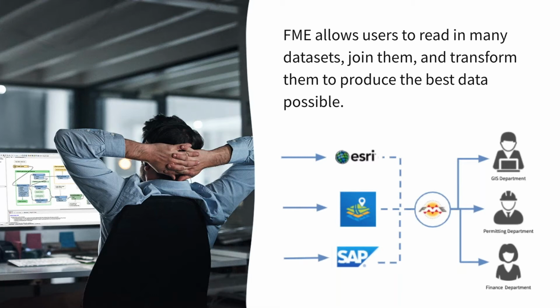So the data might look a little different depending on what department you're working in, but we can handle it all and transform it all and write it out to the best fit for purpose application. So data interoperability is a big problem that we've talked about a lot over the years. And if you're brand new to FME, it's definitely a good solution for that. So you can take in all this data, meld it in the best way possible for your intended audience, and then write it out to different applications. And the one that we'll be talking about here mainly is ArcGIS Online.